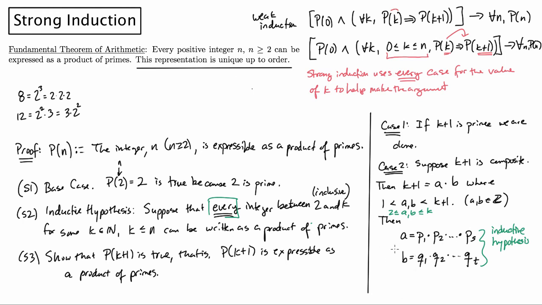Now, the question is, where do you go from there? Well, this means that k+1 is a times b, which is p1, p2 up to ps, times q1, q2 up to qt.